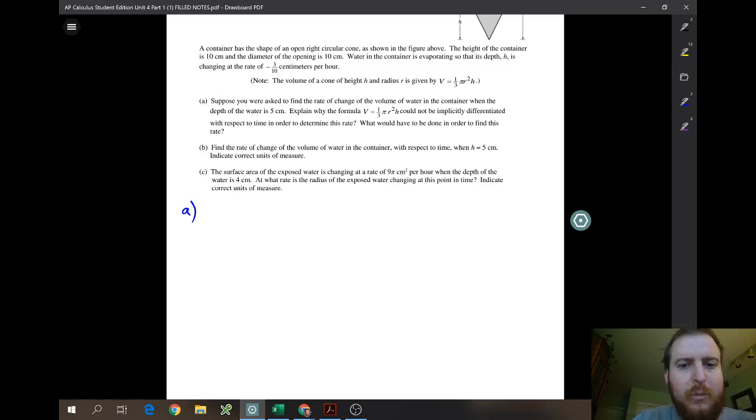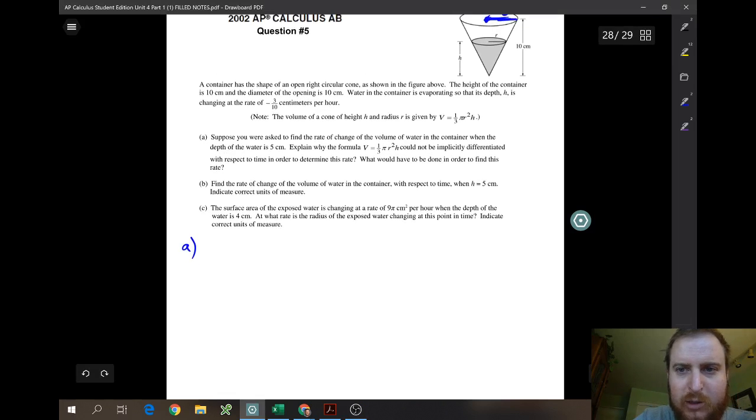And so basically the reason why we cannot implicitly differentiate this is because of those two variables. We have an r squared and we have an h, so we have two variables. And so since we're just kind of doing the explanation, this is the whole similar triangles, so we're just explaining. So we would kind of say, and I might do a little of the work just to help me out.